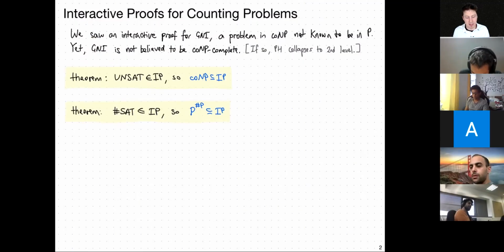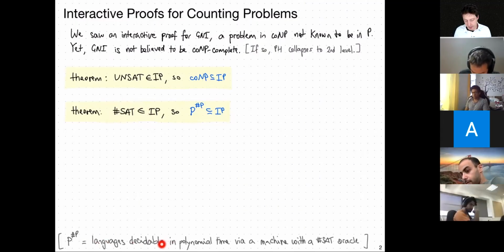But counting exactly the number of satisfying assignments, that is the problem #SAT. And there's a complexity class that goes with it. It's called P to the sharp P, which, because we have an interactive proof for #SAT, we will be able to prove that P to the sharp P is in the complexity class IP.